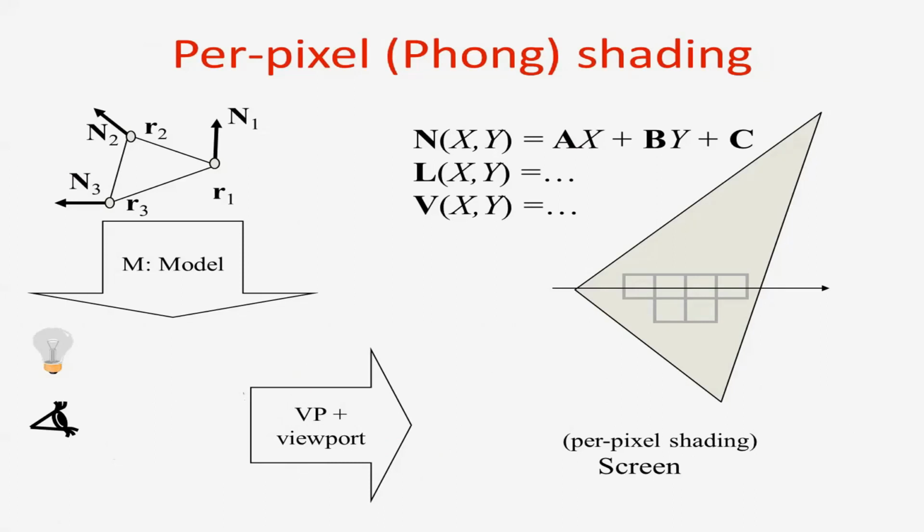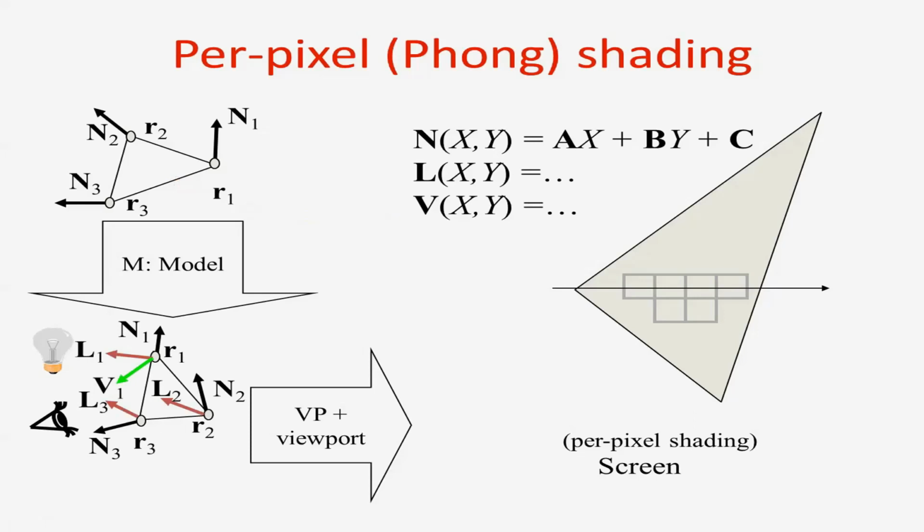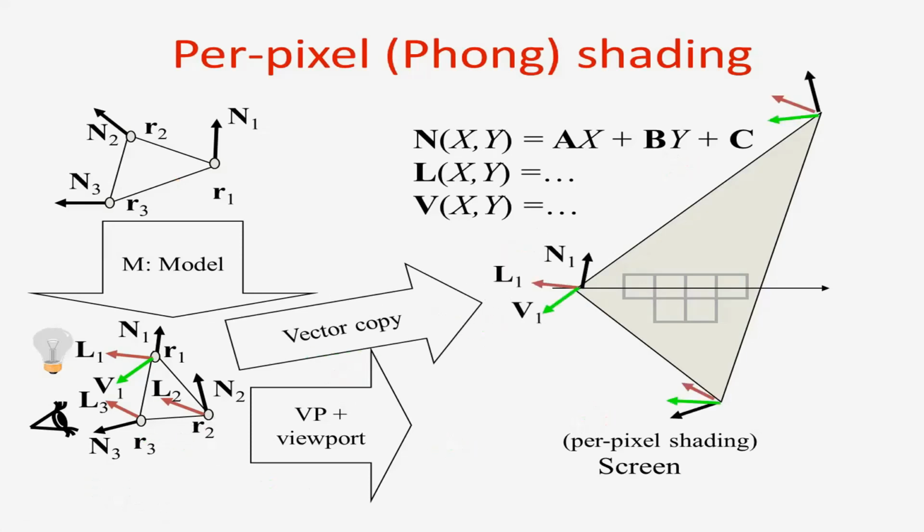The triangle vertices and their shading normals are transformed again to world space. Here, illumination and view directions are obtained for each vertex. The vertices are transformed further to screen space, and the computed normal, illumination and view directions will follow them, but without any transformation or modification, so they still represent world space locations and world space directions.